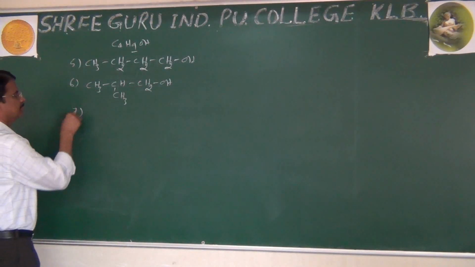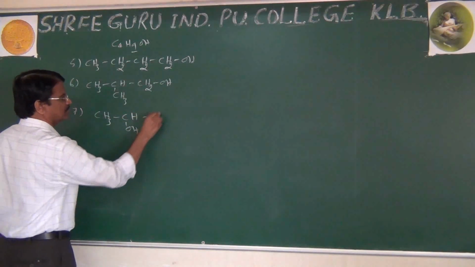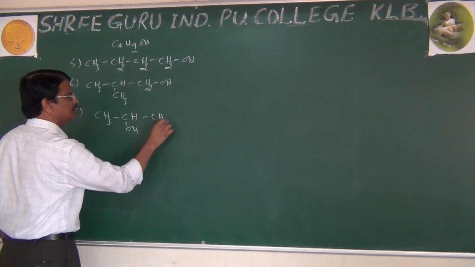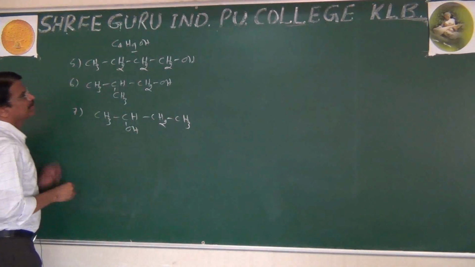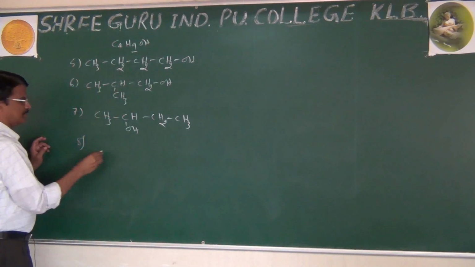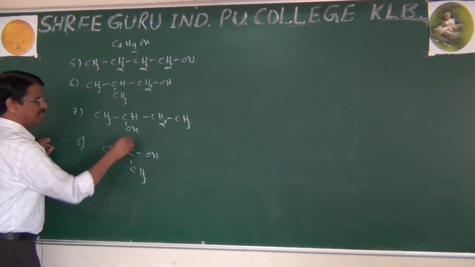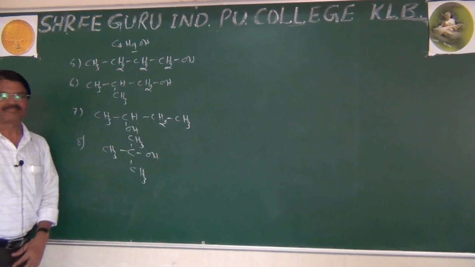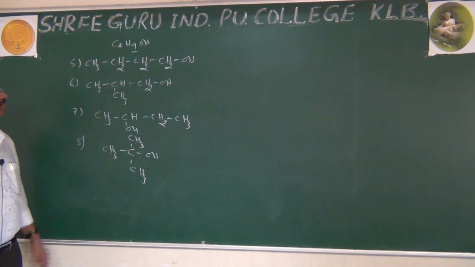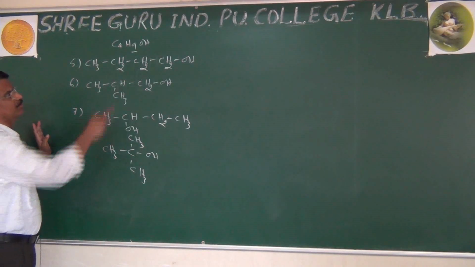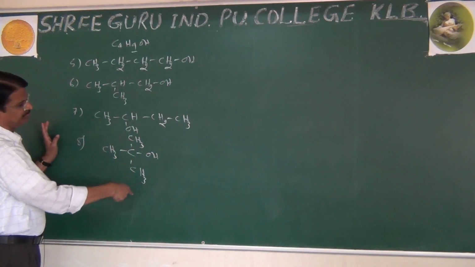Then CH3, CHOH, CH2, CH3, 1, 2, 3, 4. Last, CH3, COH, CH3, CH3. Yes, these are the 4 alcohol molecules having the same molecular formula C4H9OH, and in all the cases OH group.